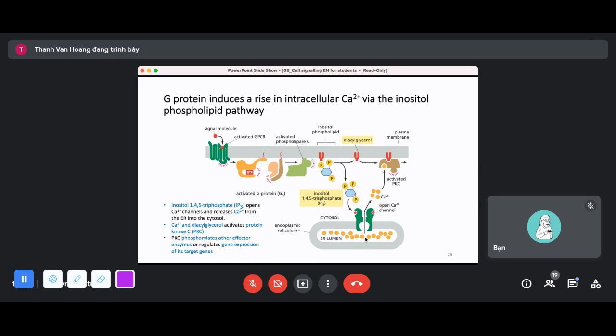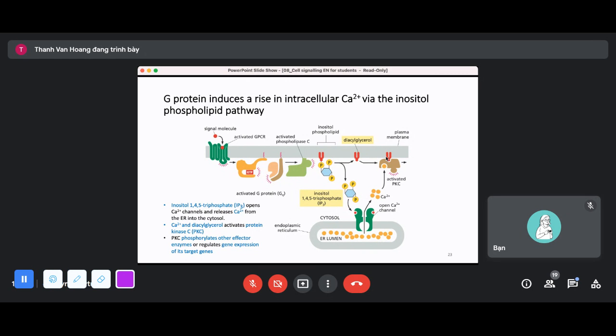How do these secondary messenger molecules work together to induce a signal? IP3 opens the calcium channel in the ER membrane, so that calcium can go from the ER lumen to the cytoplasm and increase the calcium concentration in the cytoplasm.